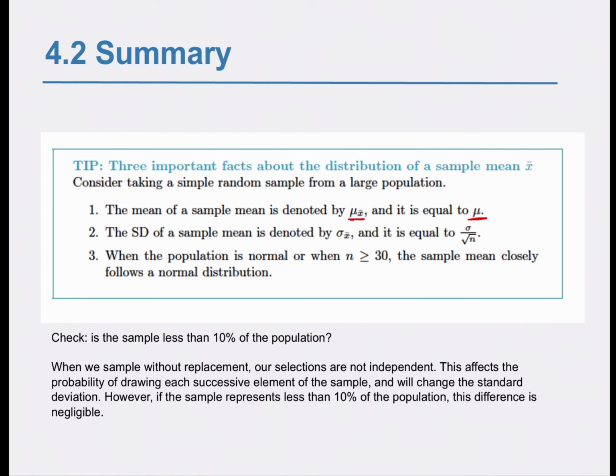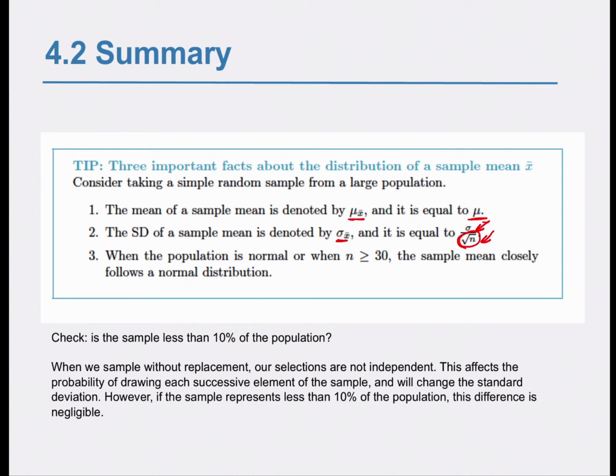The standard deviation of the sampling distribution is equal to the standard deviation of the population divided by the square root of n. So that's why our variability decreases as our n increases, right? Because n is in the denominator.